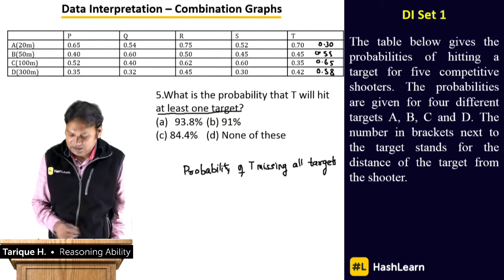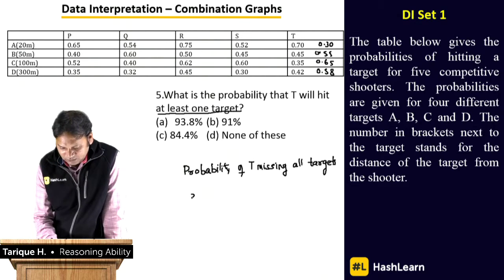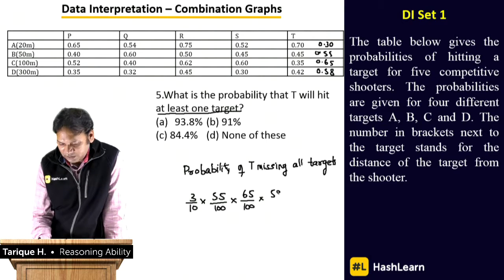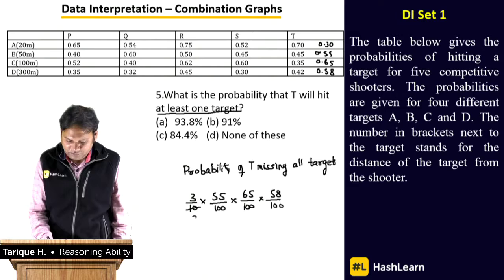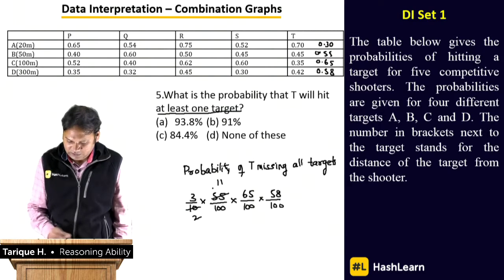Let's first multiply these values. So 0.30, 3 by 10, into 55 by 100, into 65 by 100, into 58 by 100. So see what all we can cancel off here. So 5 into 2, 5 into 11. So this is one very simple thing. And 2 will cancel 58 how many times?